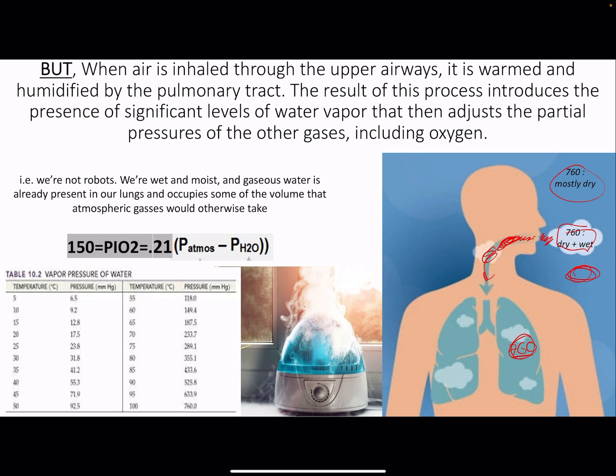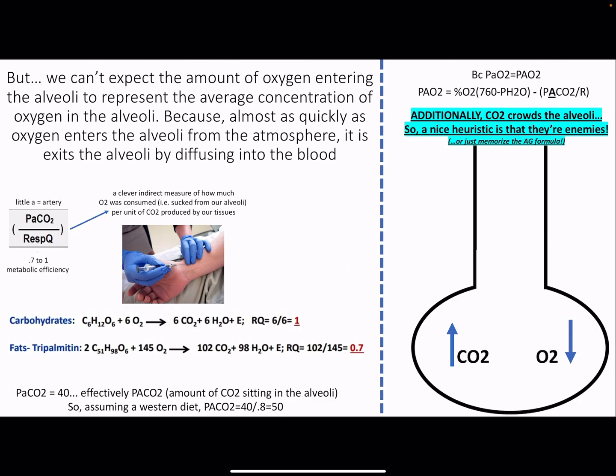So specifically, to get the dry oxygen value, it's 0.21 times 760 minus the water vapor pressure. You do something similar to this when you collect gas over water in Gen Chem. And you also see these little vapor pressure tables, and at 37 degrees Celsius it's about 47. So 760 minus 47 times 0.21 is about 150. So that is the amount of oxygen that's getting into maybe your trachea, your bronchioles.